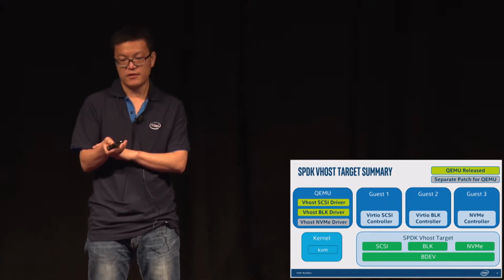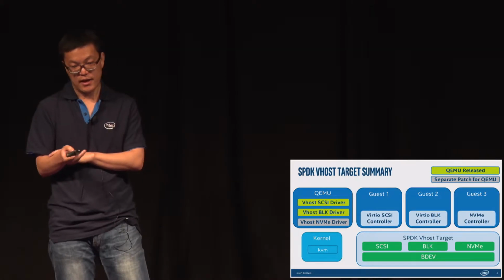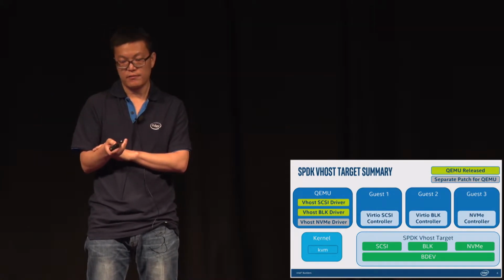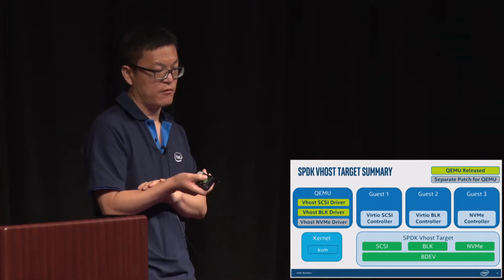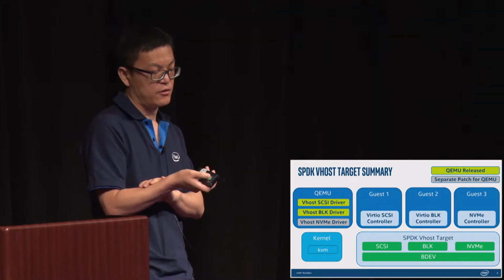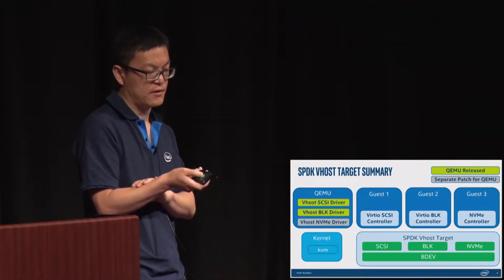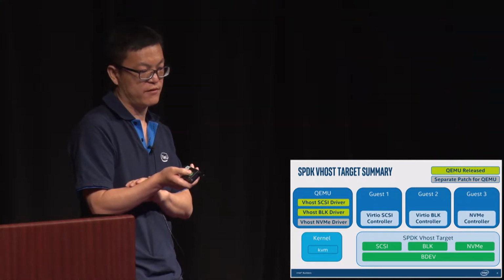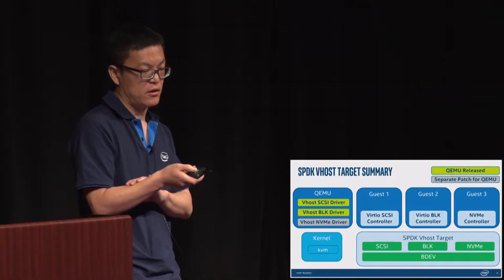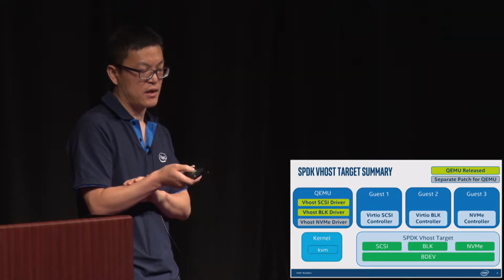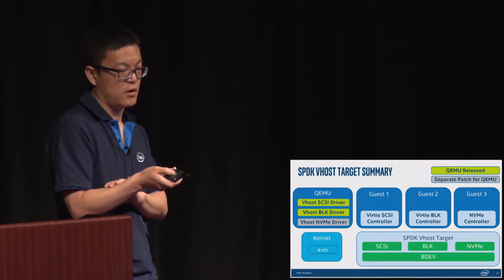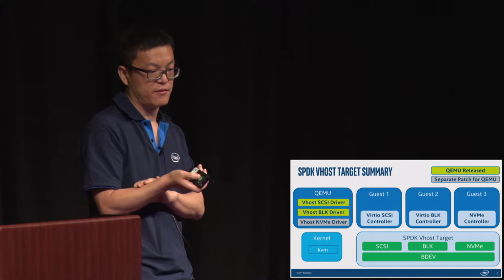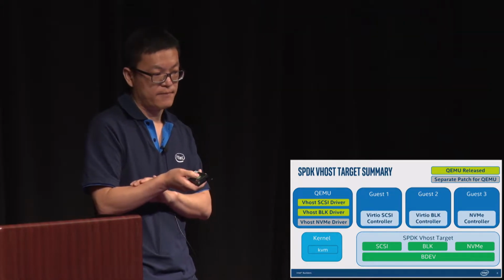For the SPDK vhost target, we have three virtual controllers inside our vhost target: virtual SCSI controllers, virtual block controllers, and also virtual NVMe controllers. All those three different controllers are built on top of the abstract block device in SPDK.